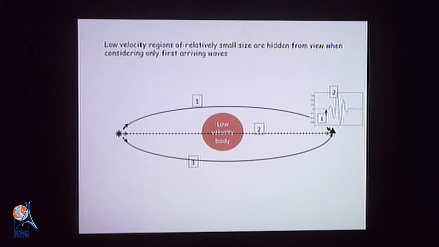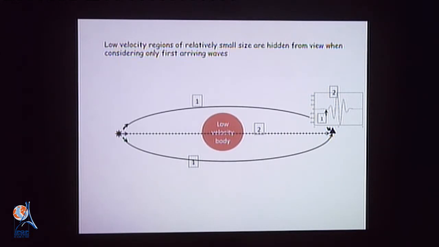So if you only focus on the first arrival, the ray-theoretical infinite frequency arrival, you will miss this low velocity body, or you will image it, but not in a very precise way. So in order to image these low velocity bodies that we are looking for, you need to consider the whole waveform and not only the first arrival.